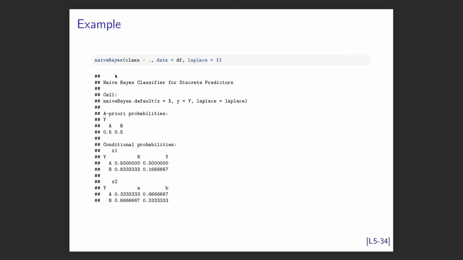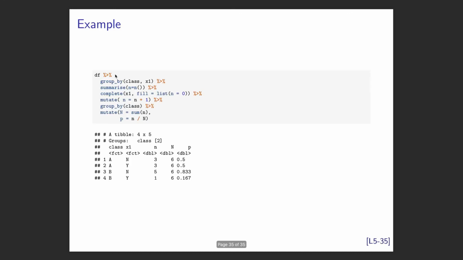So now I did a Laplace equals 1. And suddenly we've got, if you look at that x1, which is our problem case, and you look at B, now we don't have that 1, 0, which is going to cause us problems. We've got a 0.83 and a 0.16. It's been adjusted. And to see how it's adjusting it, here's me reproducing it. You do your group, you do your summarize, you do your complete, and then for every single observation, n, it's added 1 to them.